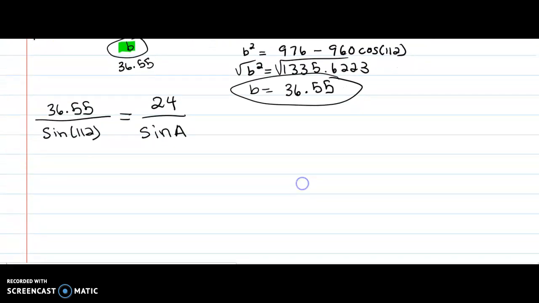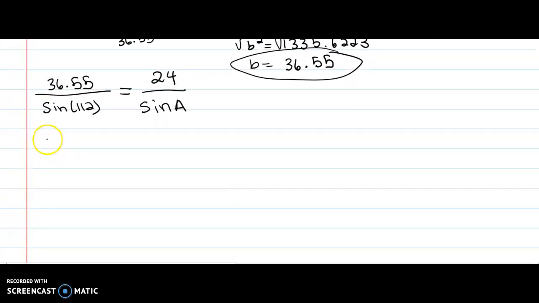Okay. So now I'm going to cross multiply. So I get 36.55 times the sine of A is equal to 24 times the sine of 112. Okay, I want to get A by itself.